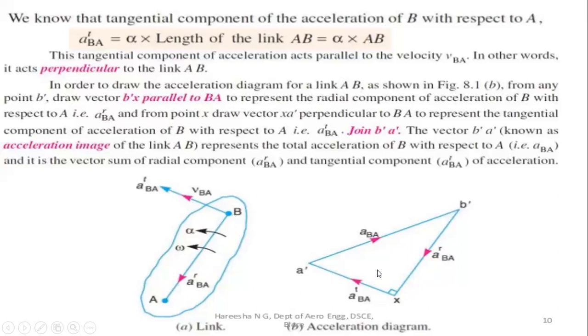So this is the line B dash x, which is parallel to the line AB.